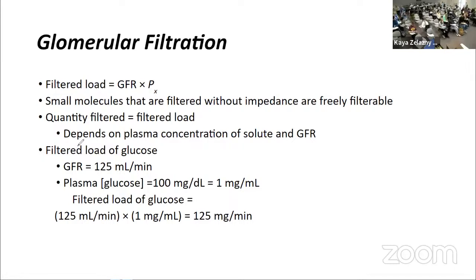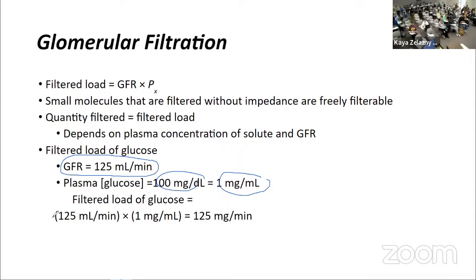So for our normal situation with glucose, we're going to start with our normal glomerular filtration rate of 125 milliliters per minute. Our normal amount of plasma glucose is 100 milligrams per deciliter, which comes out to 1 milligram per milliliter. We're just converting units here.